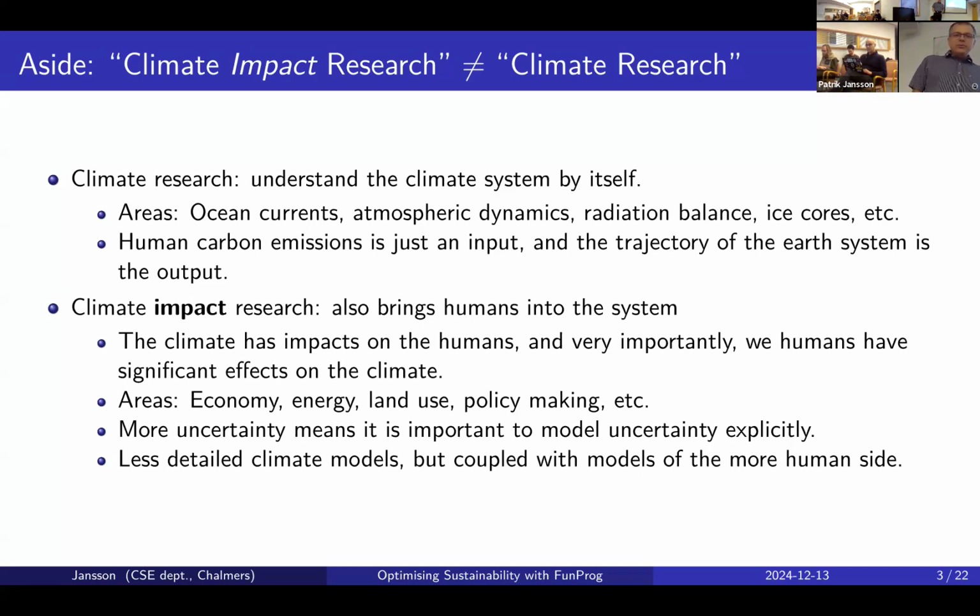That's bad news in some sense, but it's also good news in one sense, because we don't really need to care about very precise climate models. If the climate model needs as an input what humans will do, and we're very uncertain about what humans will do, then we don't need to compute the climate description very precisely. So what we do need is to make these things combine together.